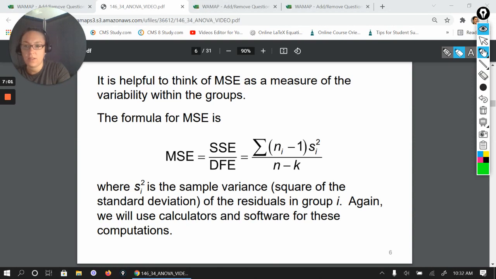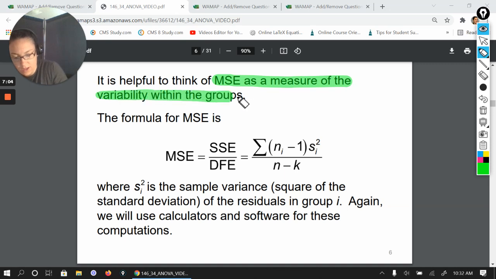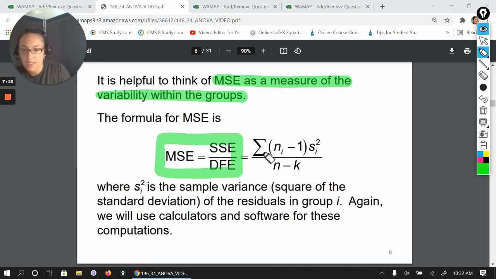It is helpful to think of MSE as a measure of the variability within the groups. So the formula for MSE is SSE divided by DFE. So let me write some things in here.